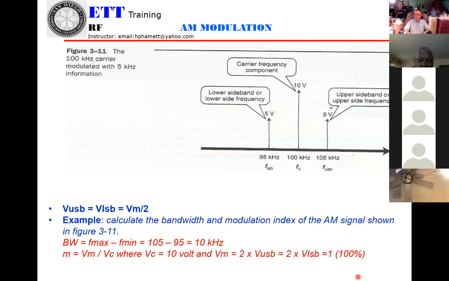When you calculate the Vm, you have to calculate both sides. One side is 5 volt, so both sides will be 10 volt.